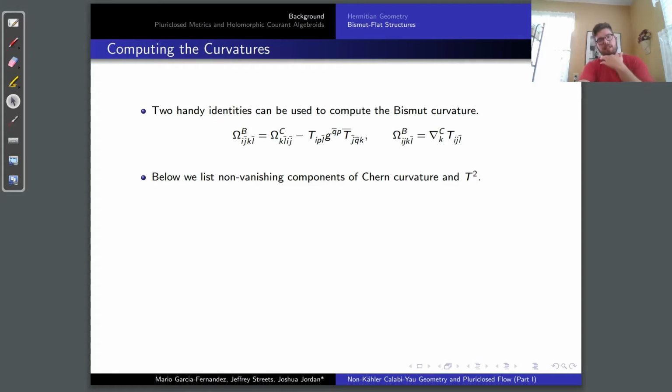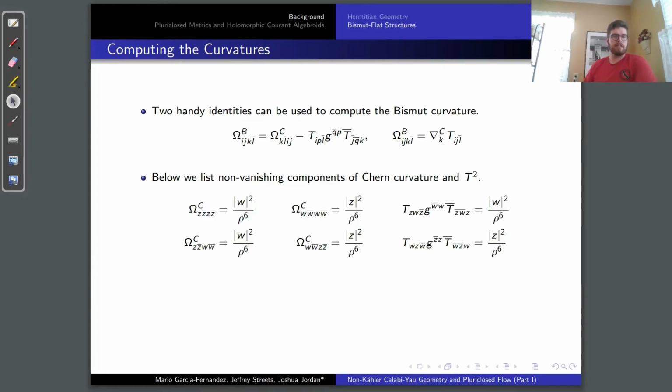I'm going to go ahead and list the components below. You can compute these out the standard way.